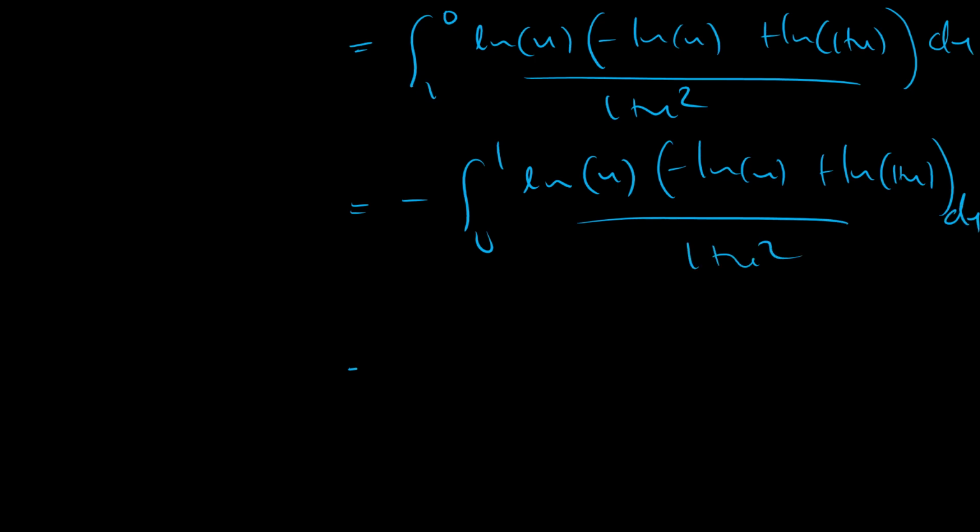So it means that now this and this interact, so we have positive ln squared of u over 1 plus u squared.